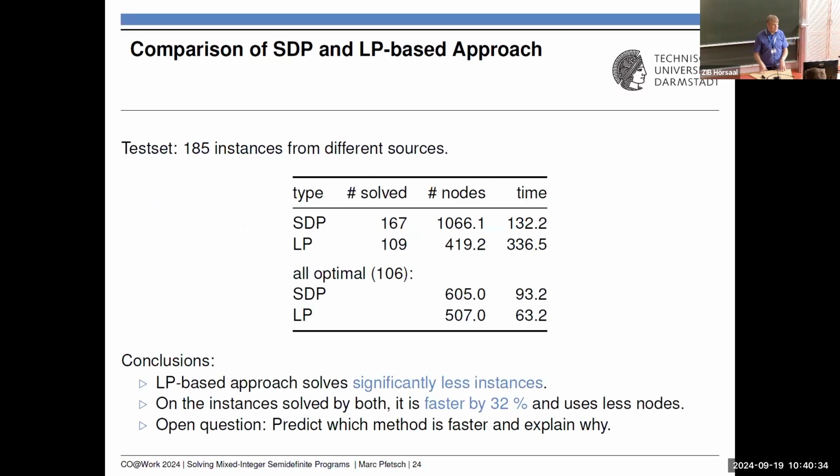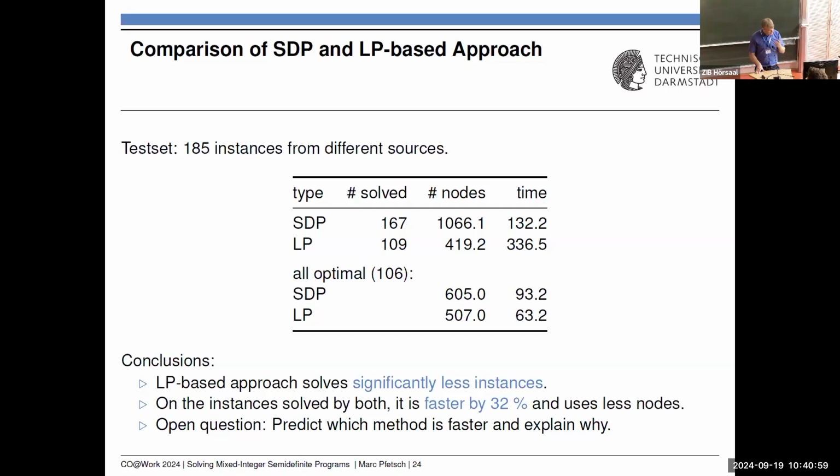You can see that the SDP-based branch and bound solves many more instances than the LP-based branch and bound, namely 167 compared to 109. If you look at the bottom block, you see on the instances that both solved, the LP-based branch and bound is much faster, by about 32%.